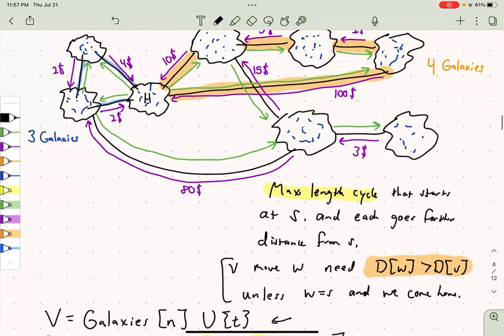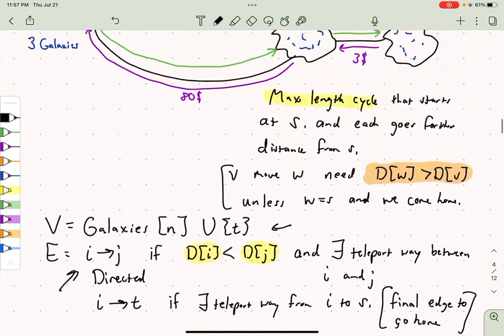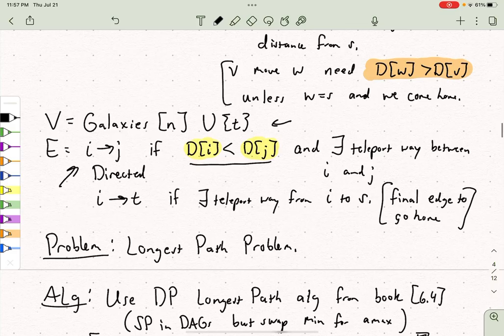And you might be wondering, why is this a DAG? And that's because there's no cycles because we always go farther in distance. We can never go back without shrinking the distance. If we keep moving farther and farther to the right, distance-wise, we can never hit a cycle, except possibly at the end. But at the end, we always jump into this last node t. And so we'll never have a cycle.